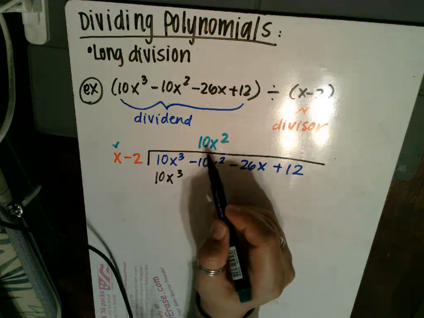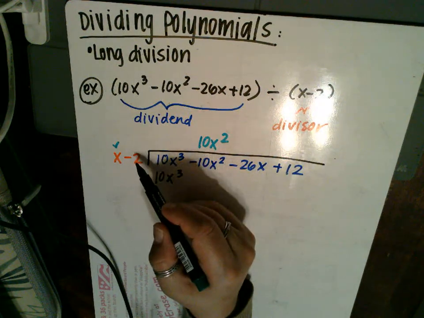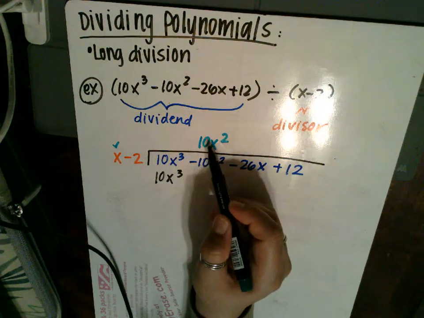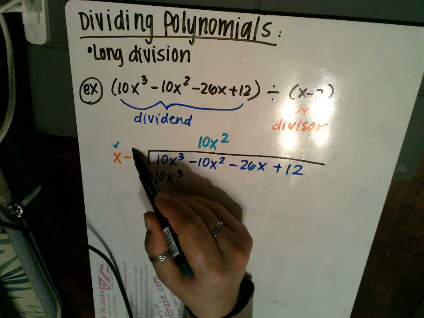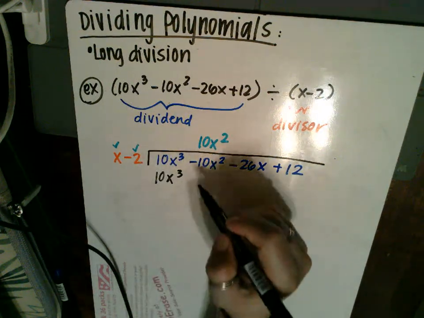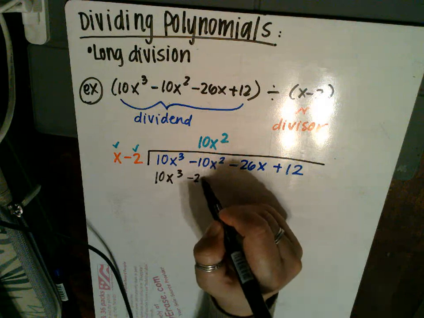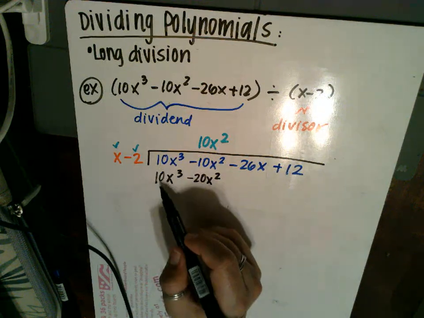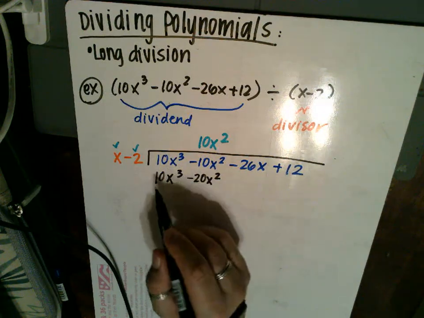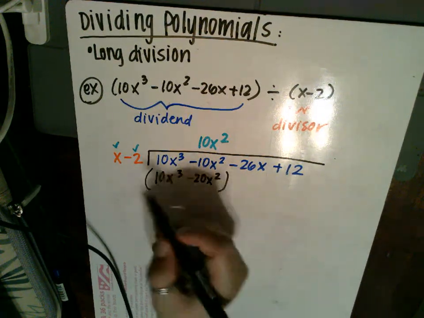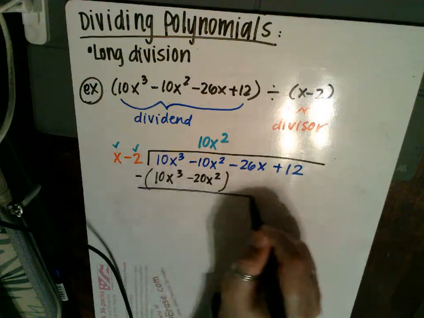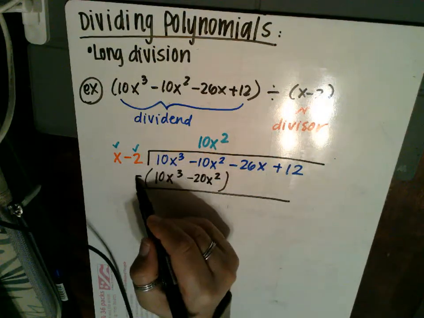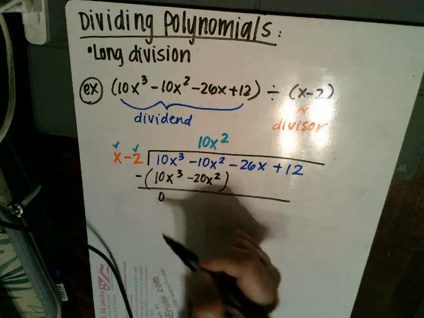Now I also have to multiply this by the second part of my polynomial. So 10x squared times negative 2 is negative 20x squared. And I write that down. The most important thing is that these two numbers match perfectly, because then I'm going to subtract them. 10x to the third minus 10x to the third is nothing.